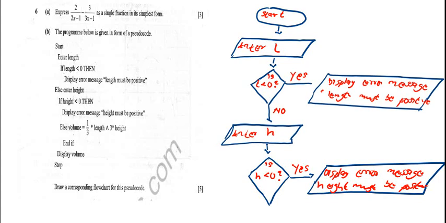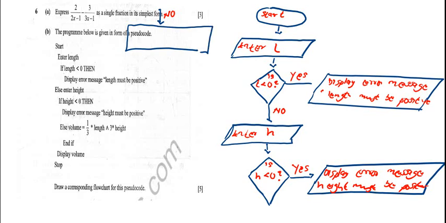So I will continue my flowchart here. I'm continuing to this side. So else, which is a no, so I write a no. Else volume is equal to. Volume is a formula, and a formula we enter in a rectangle.